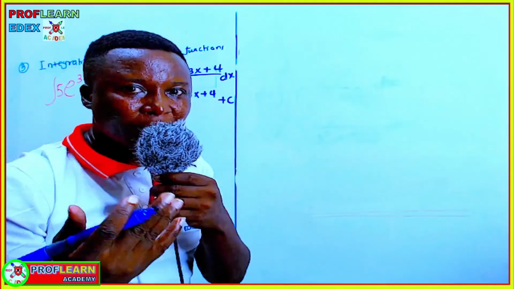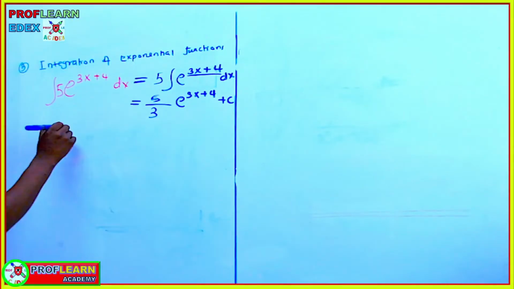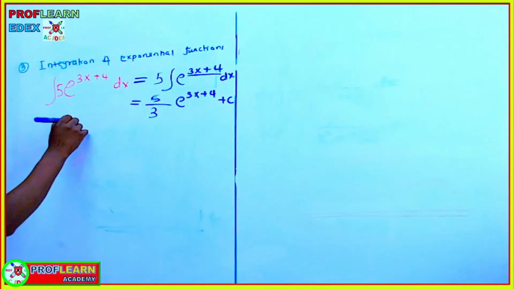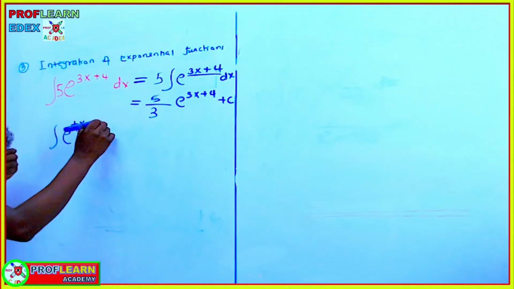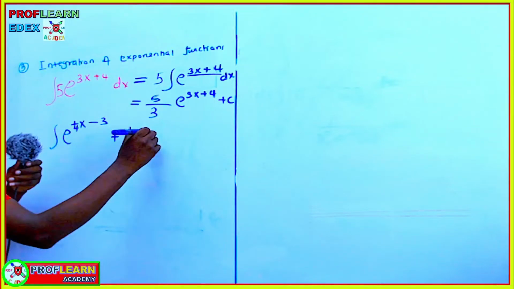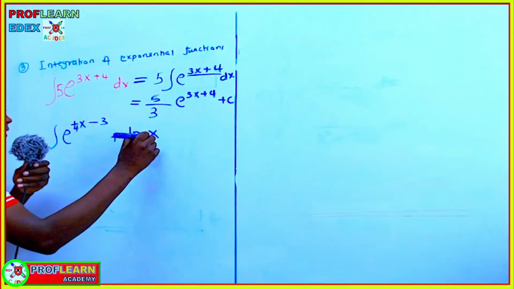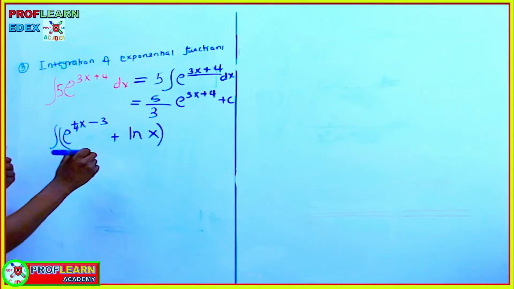So meaning it's combined with other kinds of expressions. If you are having e to the 1 over 4x minus 3 plus ln of x, you are integrating this with respect to x.